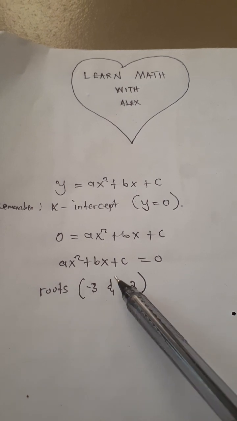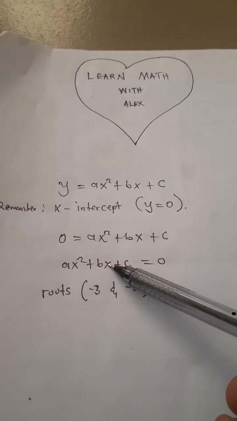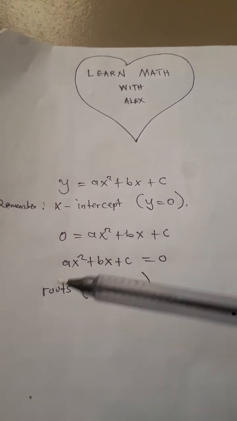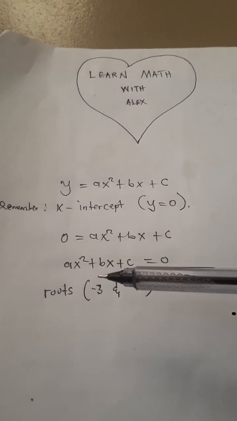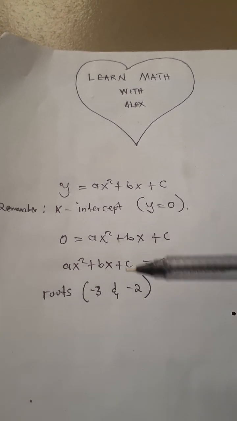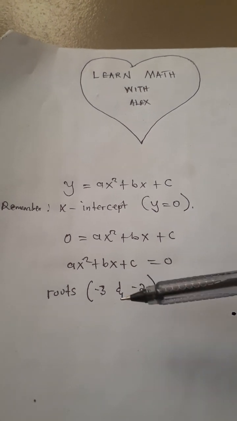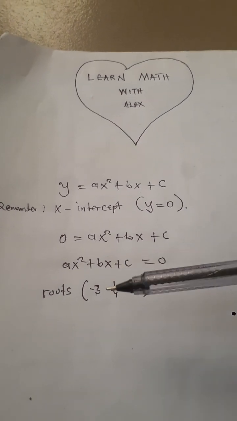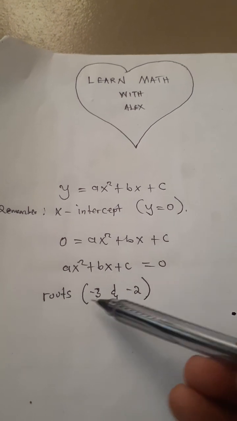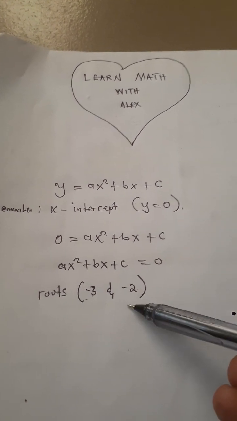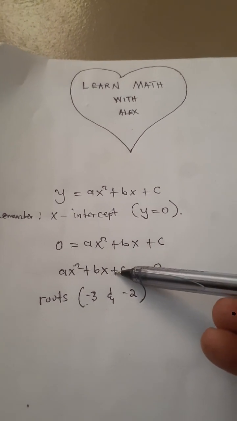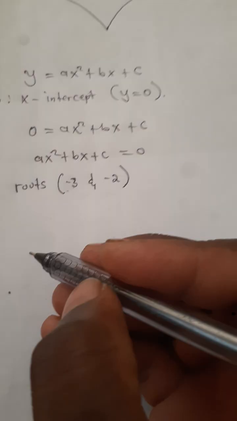Most of the time we've been given the quadratic equation and asked to find the roots, but in this situation it's the reverse. You've been given the roots, and now you're told to find the quadratic equation. So that's our task for today.